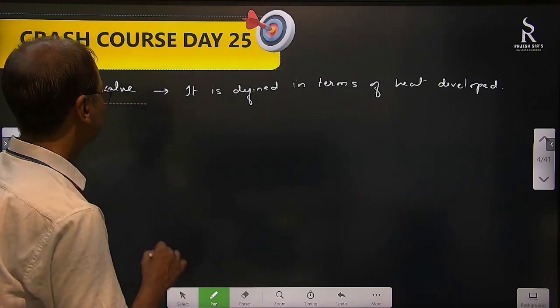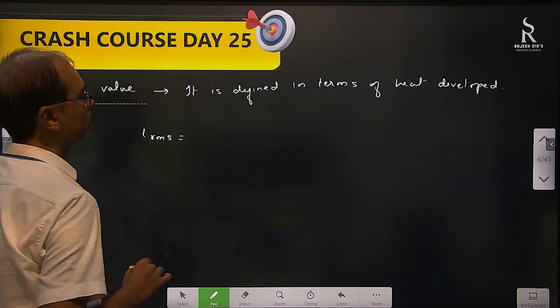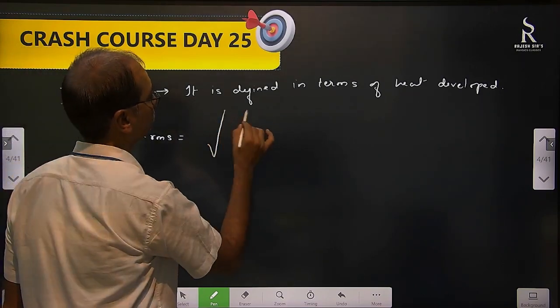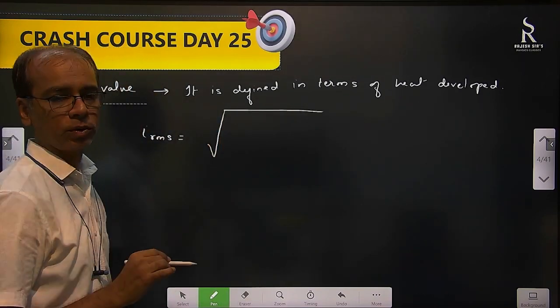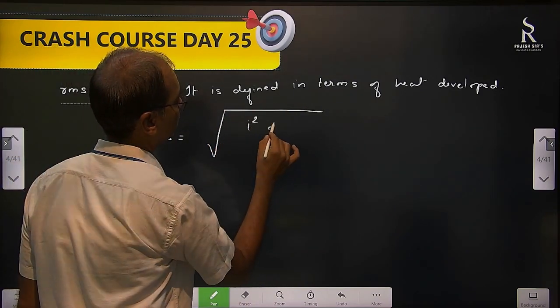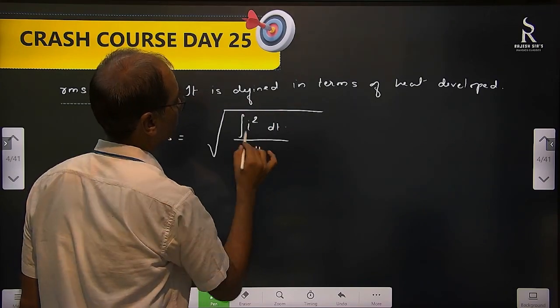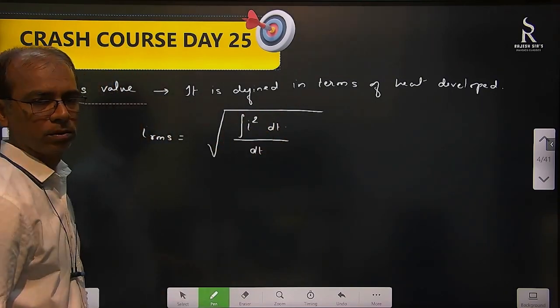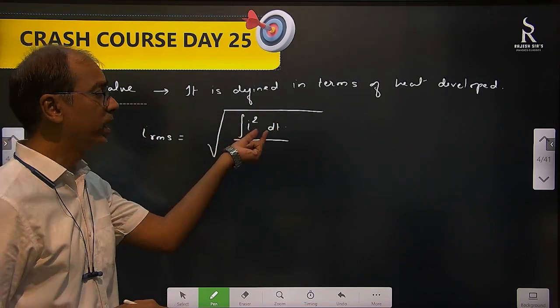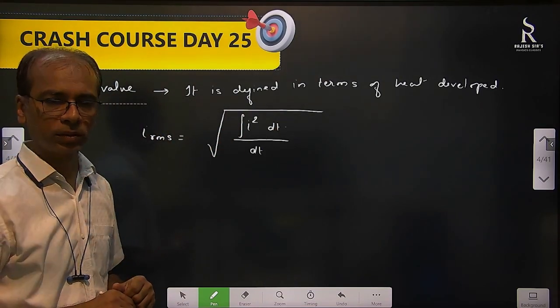And what is IRMS? It's the root of the mean of squares. Mean of squares means I square dt by dt. This is the mean, and mean means average. Whose average? The square's average, and then the square root. That is IRMS. Correct?